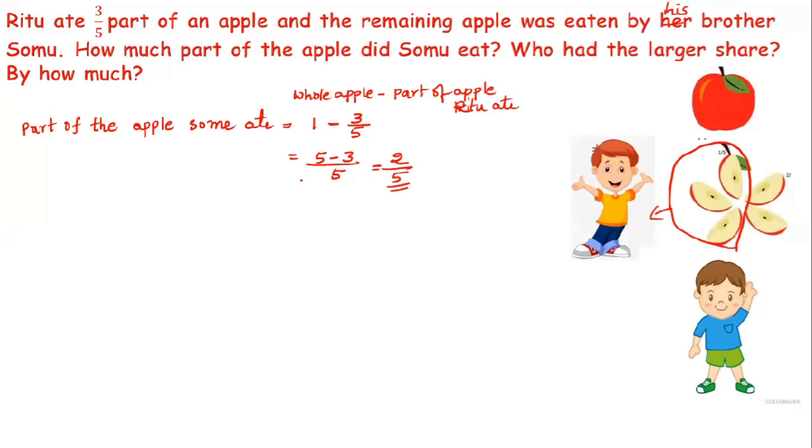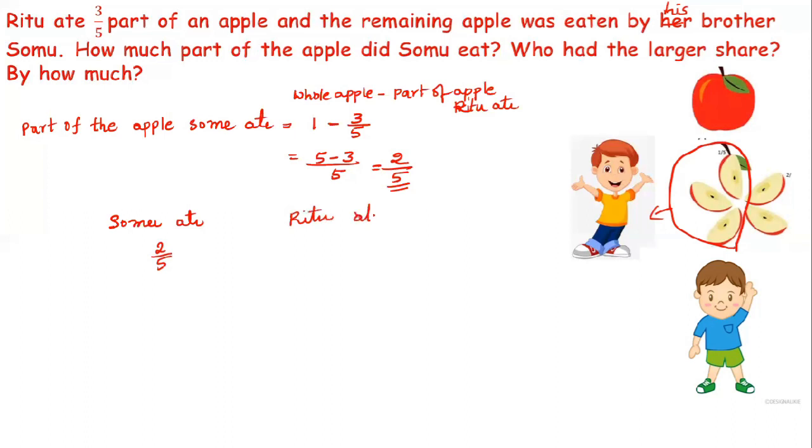Who had the larger share? Now Somu ate 2 by 5.